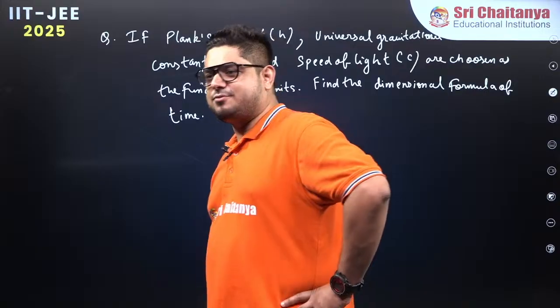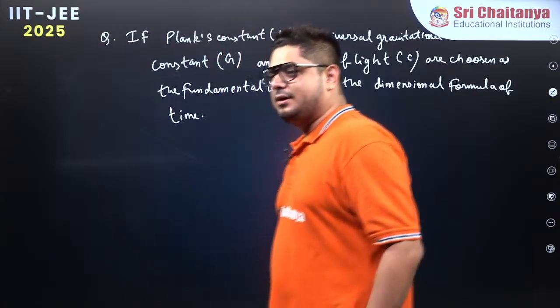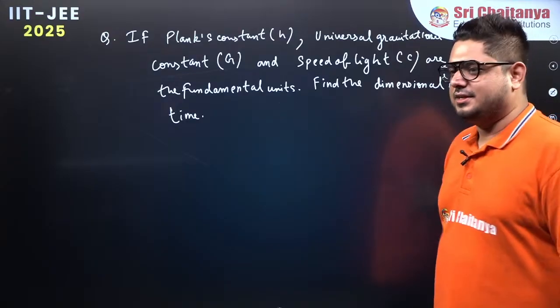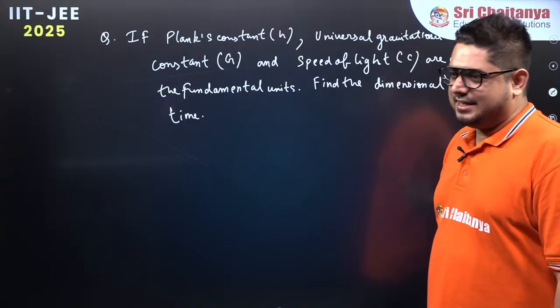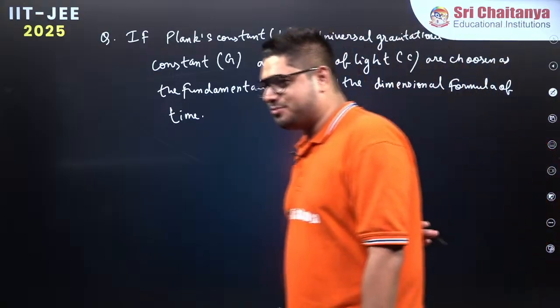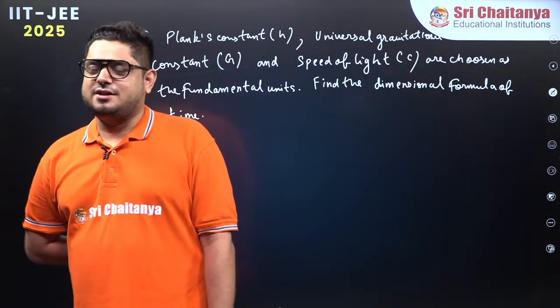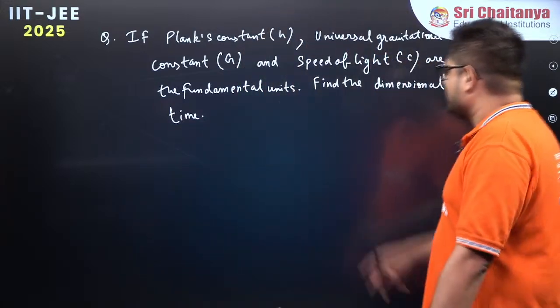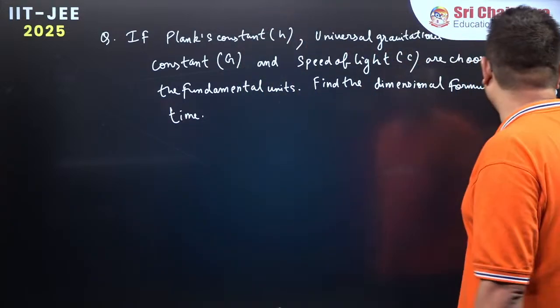This is the question. What do you have to do in this question? Now I'm not giving any options over here. Now think about it. What do you think it's going to be in this case? They are asking to find the dimensional formula of time.